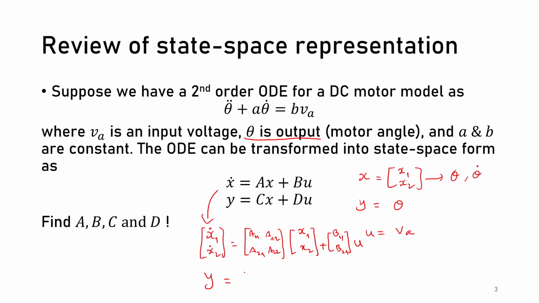And you have y equal to C11, C12 times h1, h2, plus D u. Because u is scalar, D is also scalar. So just D times u. You can just use D, just like this.